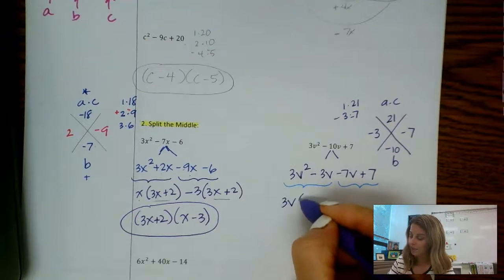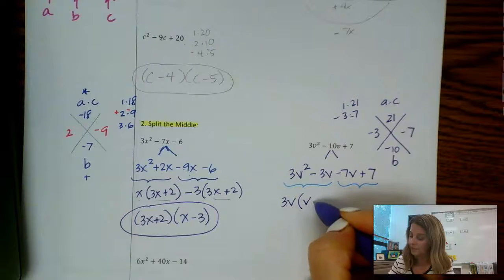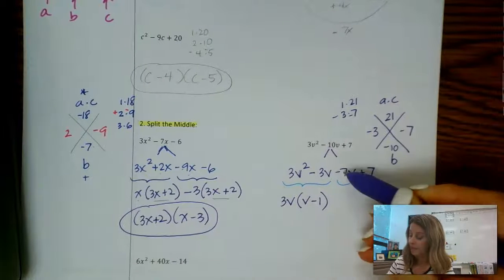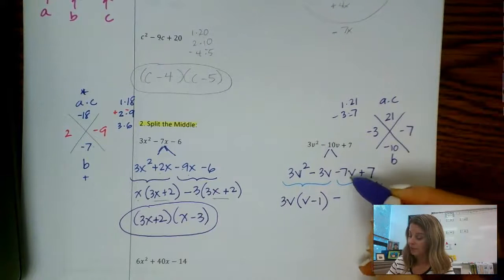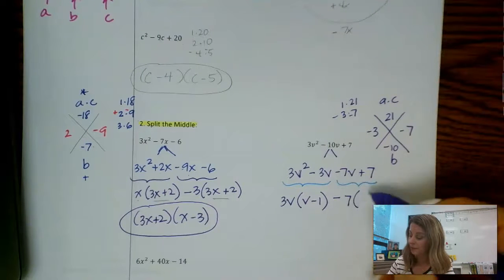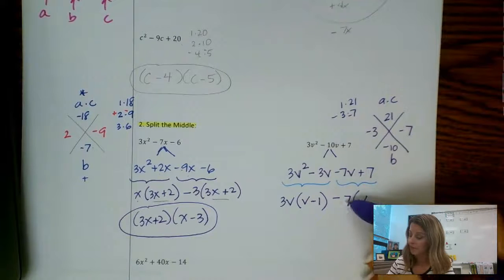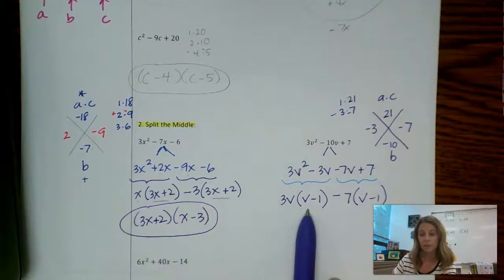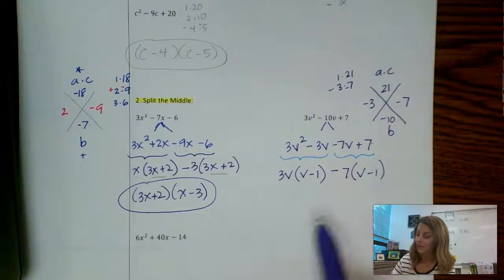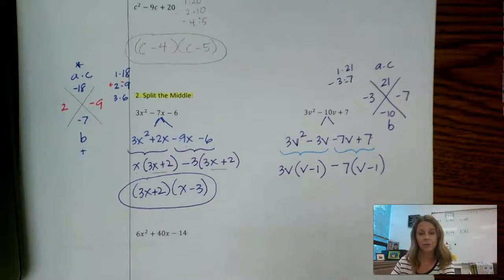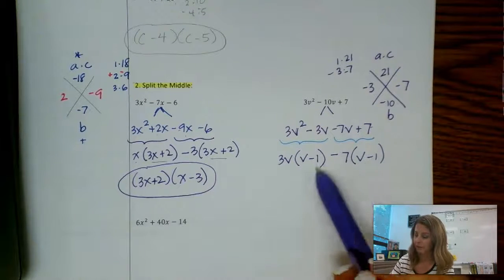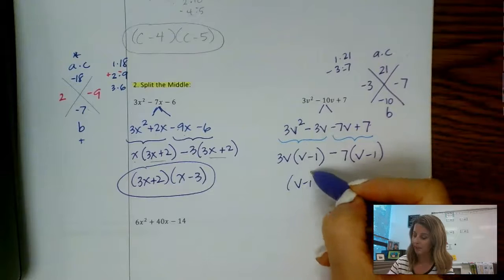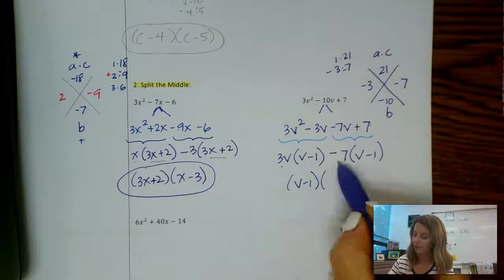So 3v, and I'm left with v minus 1. Bring the negative down. I can factor a 7. I'm left with v minus 1. And I got these to match, so I did my GCFs correctly. Now I either think of it as regrouping or factoring out. So I'm going to factor out this v minus 1, and then I'm left with 3v minus 7.